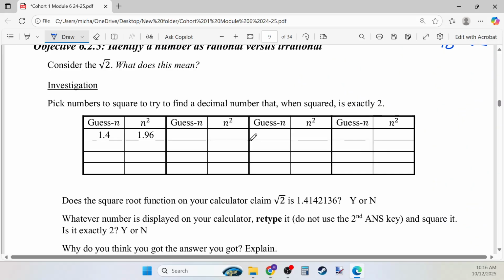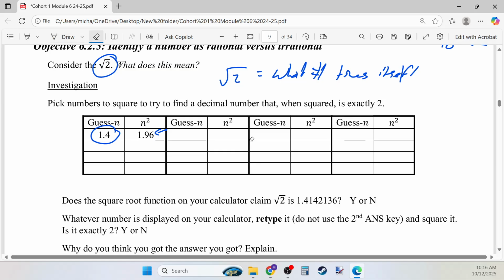This one, you're going to have to finish on your own, but I'll start it. So we want to find the square root of 2. The square root of 2 means what number times itself equals 2.